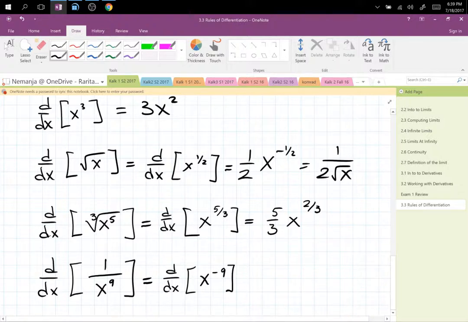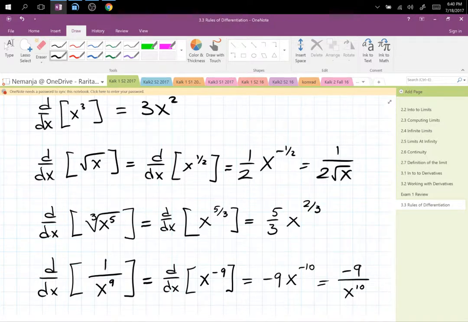Very good. We rewrite as x to the negative 9, and then negative 9, x to the negative 10, and then we write it nicely, right? Because we don't like negative exponents on x, so we write it as a positive exponent, which pushes it in the denominator.